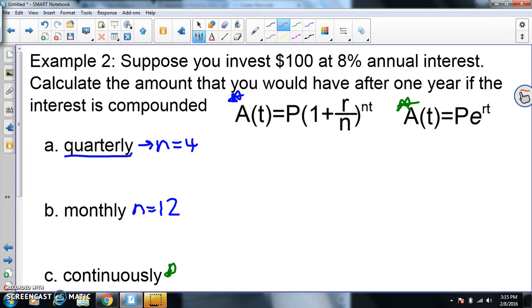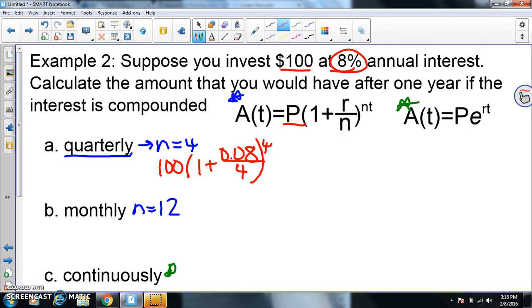So let's plug in to find the amount that we would have. So A for quarterly, our principal was $100, so 100 times 1 plus R is 8%, which means I'm going to put 0.08 divided by N, which is 4, raised to the power of N times T. So after 1 year times 4 times we are compounding, so we're raising it to the 4th power.